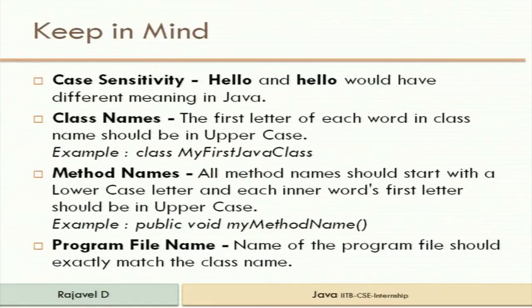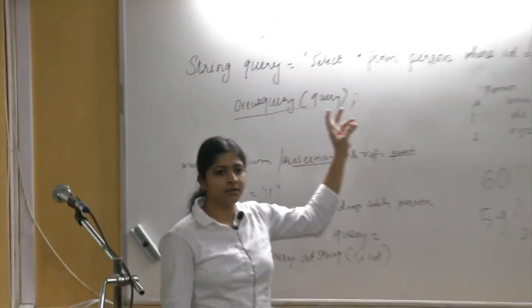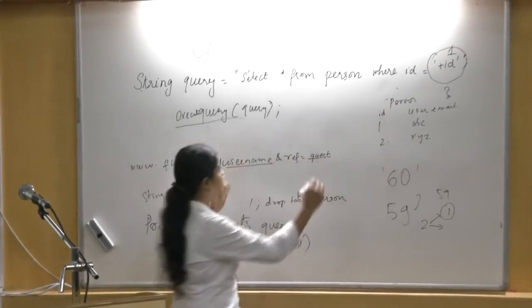One more thing I would like to suggest is use a single naming convention. Okay? The naming convention should be unique, and also everyone should be following the same naming convention. For example, the class names should start with uppercase, and then the next word also should start with uppercase.